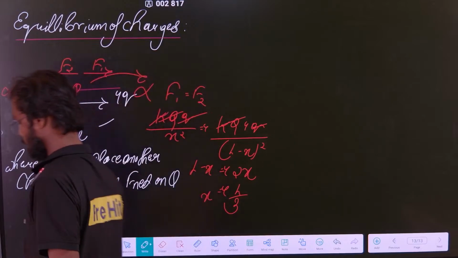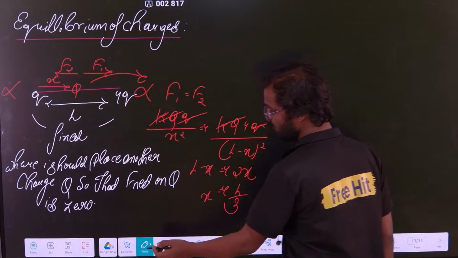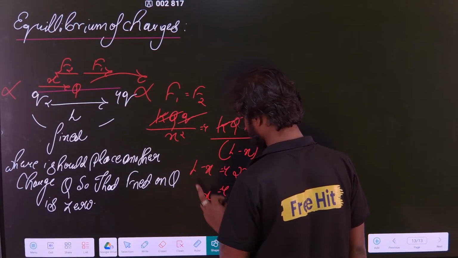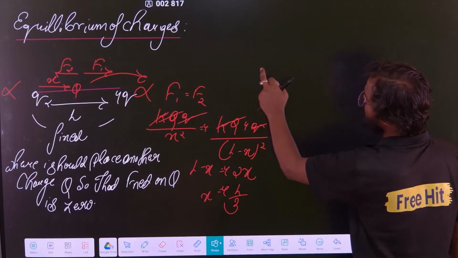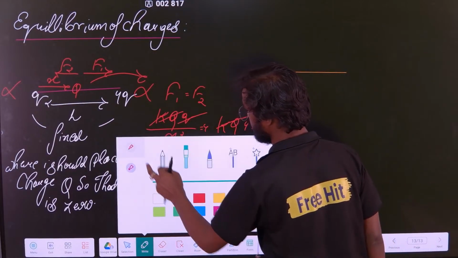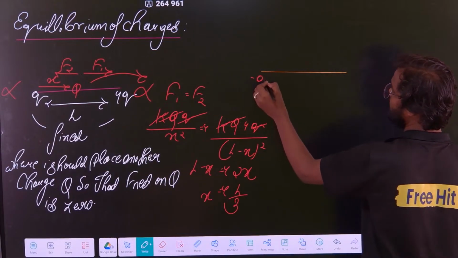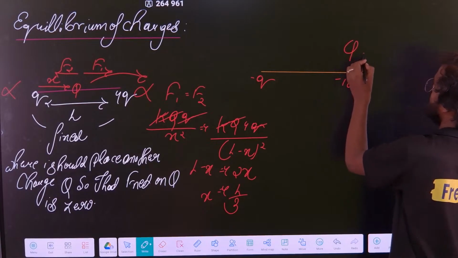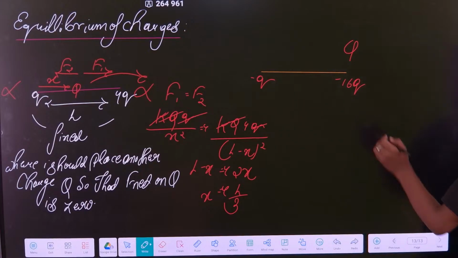Now in the same manner, suppose I take one more example like this. You can take this for homework also, because that is simple. Suppose here I keep minus q and here I keep minus 16q. Same question: where should I keep q so that F net will become 0?